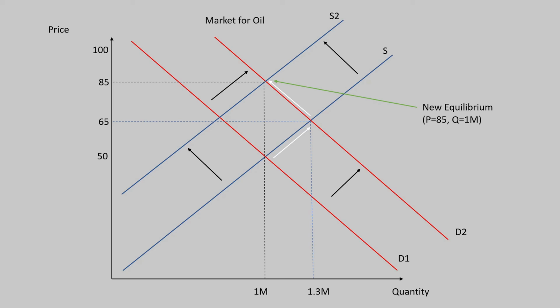We have an increase in growth. What is that going to do to demand for oil? It's going to shift it outwards. We're going to have more demand at any price. We have a contraction in the supply of oil. What does that mean? It means we're going to have a shift left on the supply curve. Less supply at any price.